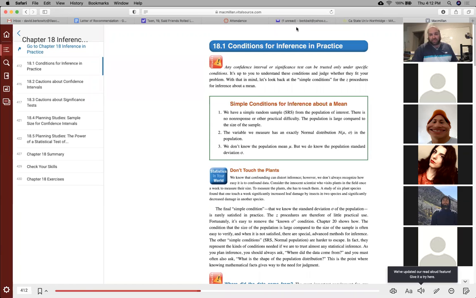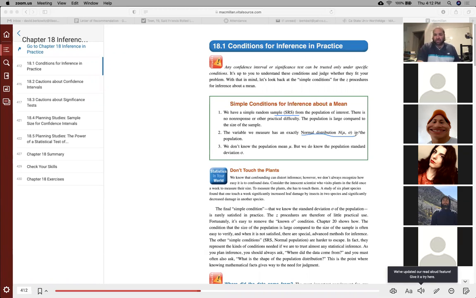But the basic idea, the one that we normally check without really caring about the rest, is that it comes from an SRS. Condition 2 is that the variable we measure has an exactly normal distribution.